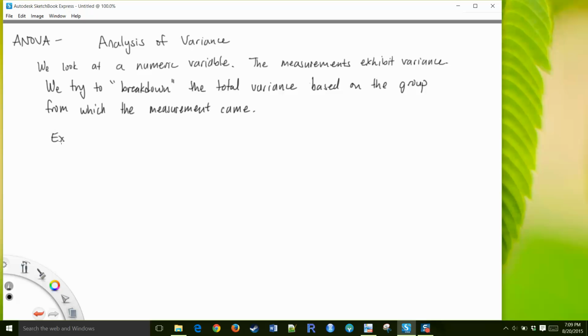If we looked at all the measurements together, we would have a total of n1 plus n2 plus n3, which we call n dot. Total of n dot measurements.